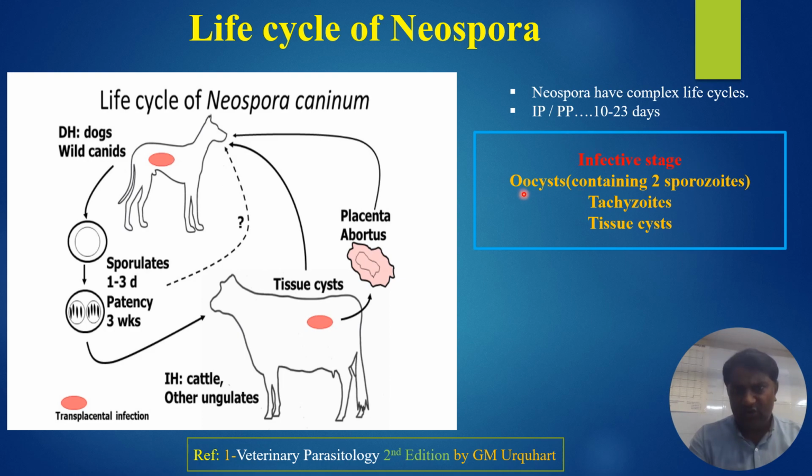Infected stages: the oocyst consisting of two sporocysts, tachyzoites, and the tissue cyst.